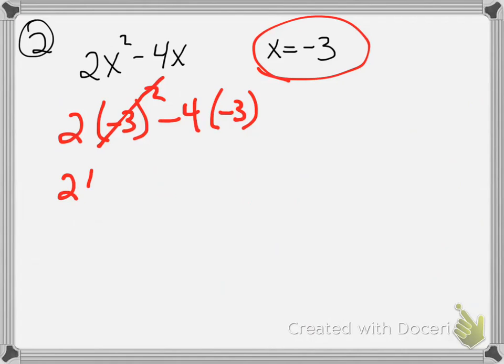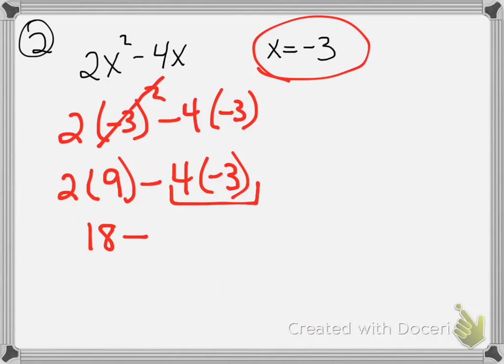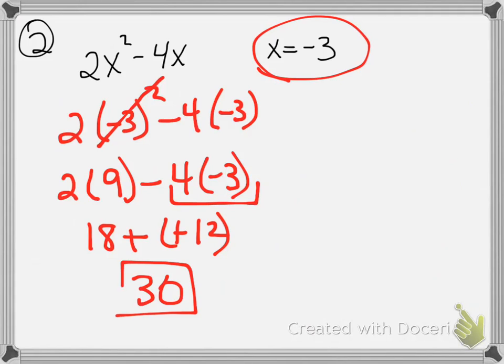So that makes 2 times 9 minus 4 times -3. Then I'm going to multiply. 2 times 9 is 18 minus 4 times -3 is -12. I have 2 negatives, which makes a positive, so now I have 18 plus 12, which is 30.